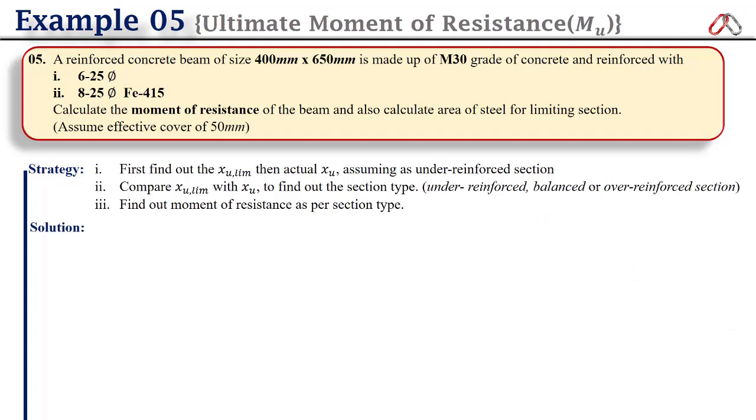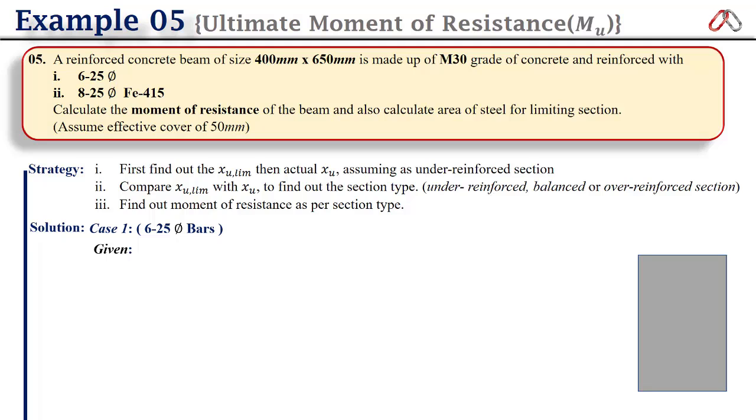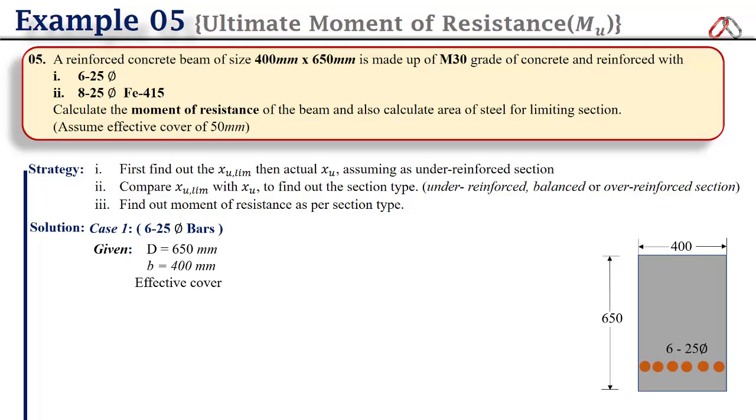So the solution, case number 1, the 6 bars of 25 mm dia. First we note down the given values: the total depth is 650 mm, and B is 400 mm. Effective cover is given as 50 mm, and the effective depth will be 650 minus 50, that is 600 mm.